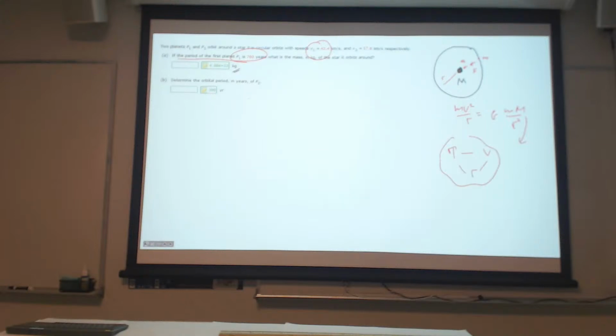Isn't period equal to v t plus t? This is something you really have to know. Or if you don't know, you have to pull up the equation sheet and look through until you find something related to that.